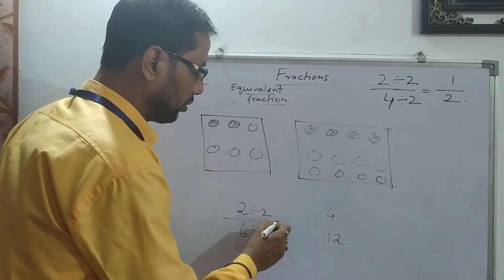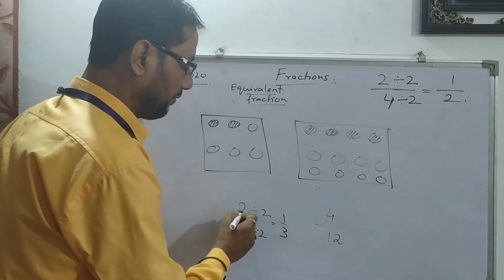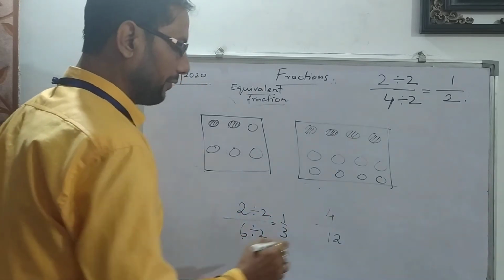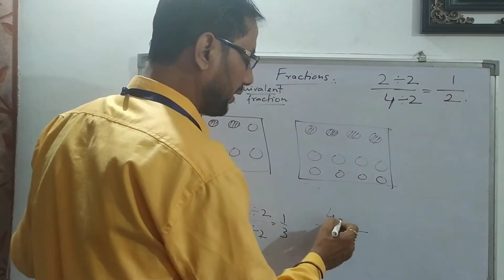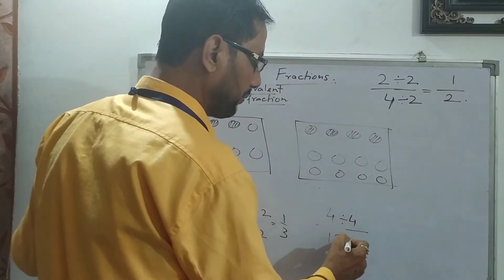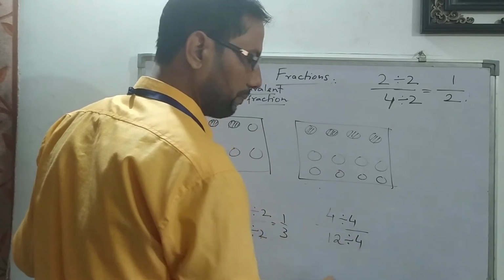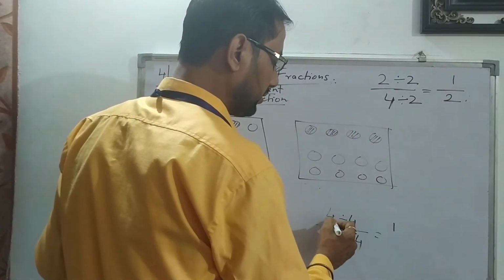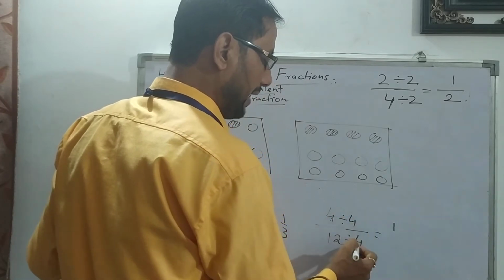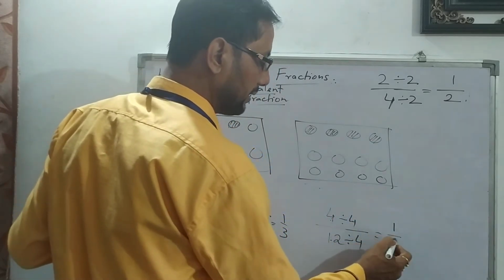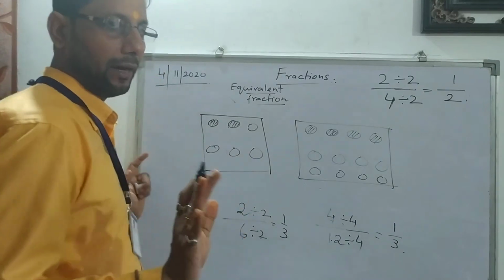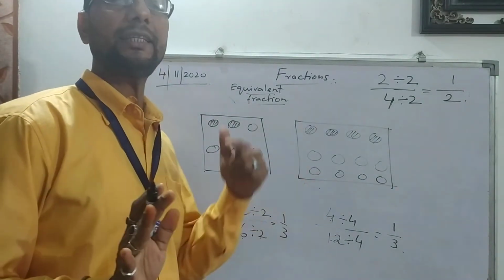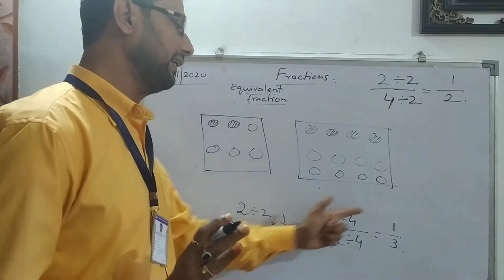So that is equal to 1 by 3. 2 divided by 2 is 1, 6 divided by 2 is equal to 3. Now here the common factor is 4. I can divide this by 4. So it's equal to 1. 4 divided by 4 is 1, and 12 divided by 4 I'll get 3. They are equivalent fractions, because on expressing in the lowest term, I got 1 by 3 and 1 by 3.